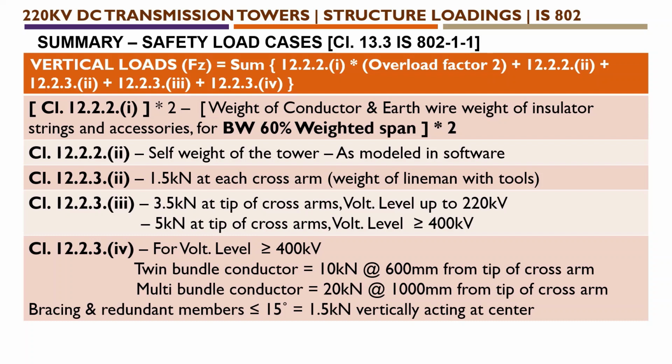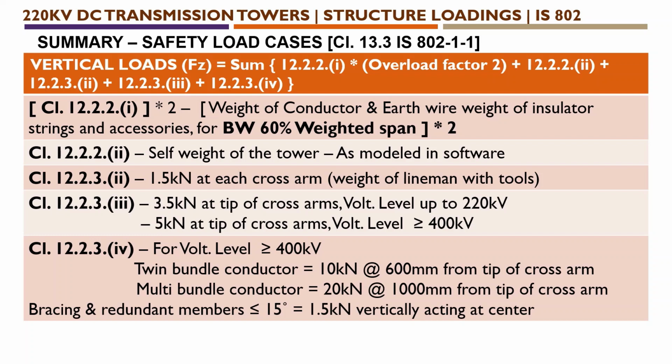So this anyhow we are going to do in the modeling stage, and in clause 12.2.3 of 2 directly we need to consider 1.5 kilonewton at each cross arm, assuming that it is the weight of a lineman with tools.